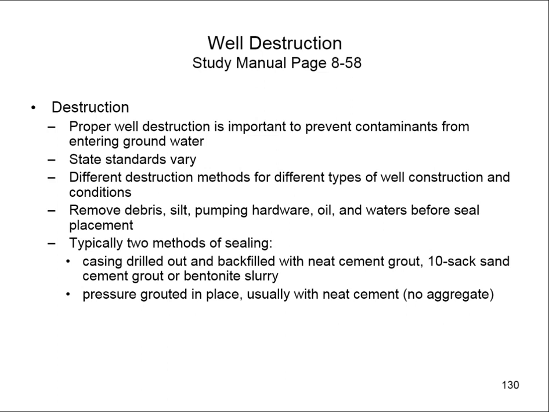We could remove all of the debris, the hardware, before we put the seal in, or we could drill out the casing and backfill it, or we could pressure grout it in place, usually using neat cement, which does not have aggregate, and that could make it bridge on itself, creating void spaces there. You don't get a good seal. So either backfilling or pressure grouting it in place.